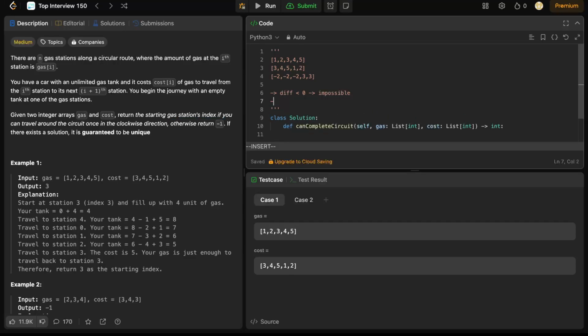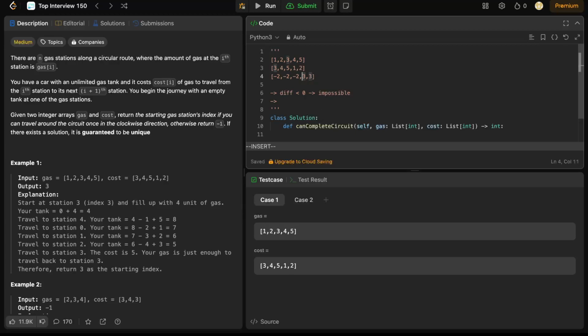And then after that, once we know that it is possible, we would have to find the start index. And I believe we can just do this by starting at a positive number and seeing if we go around a loop starting at that number, can we get to that same index.